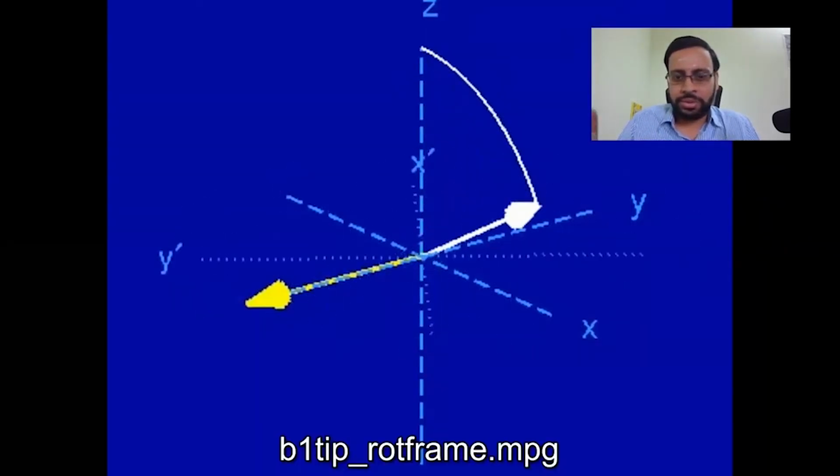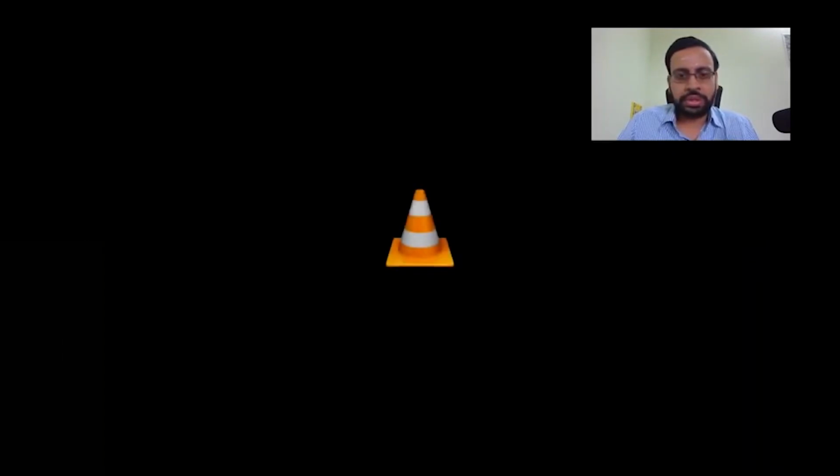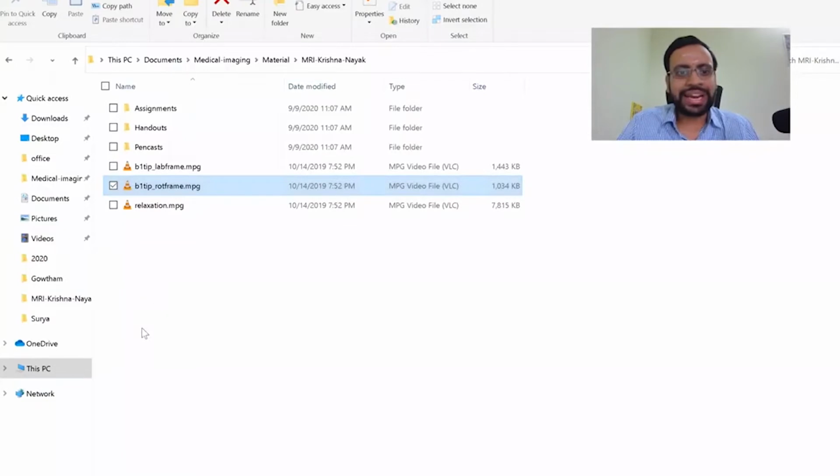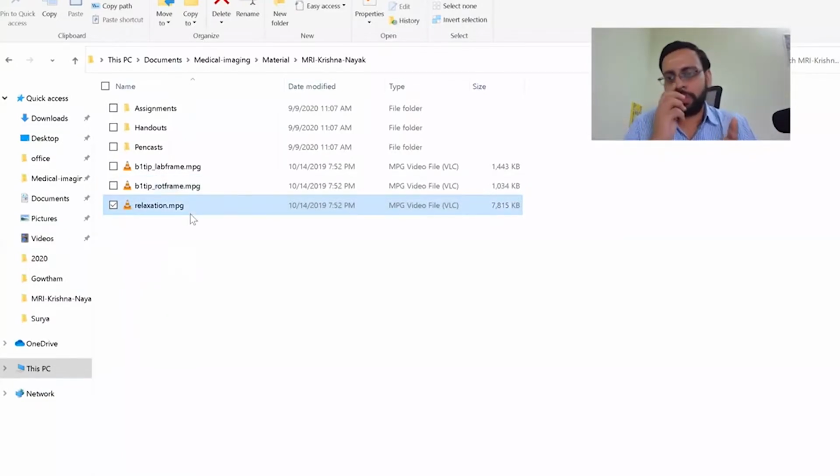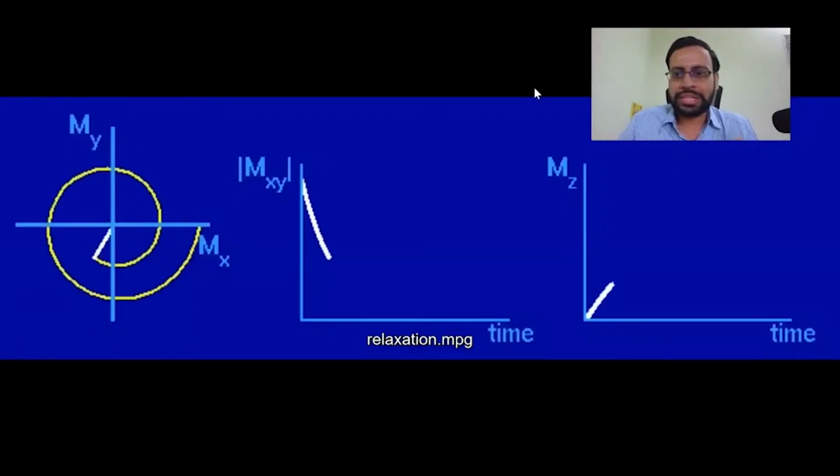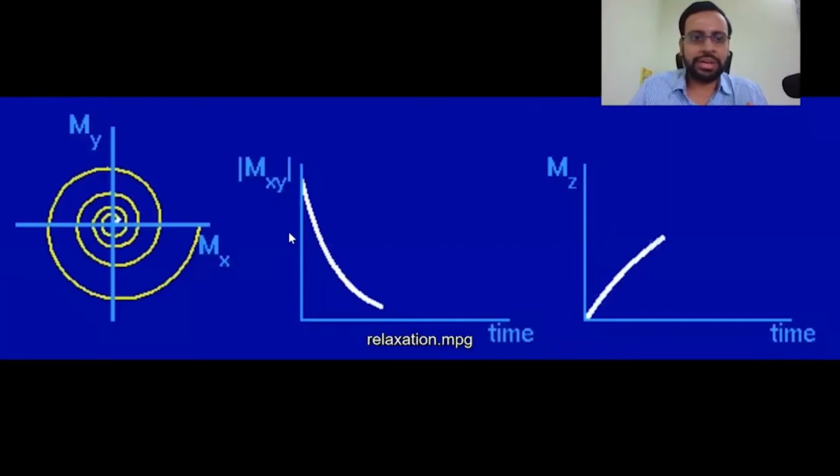Right. So one last thing, one more nice illustration here is about the relaxation. If we don't say anything, this usually refers to both relaxations. Look at here. When does that relaxation part come?